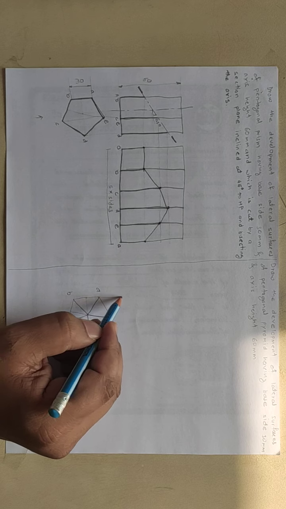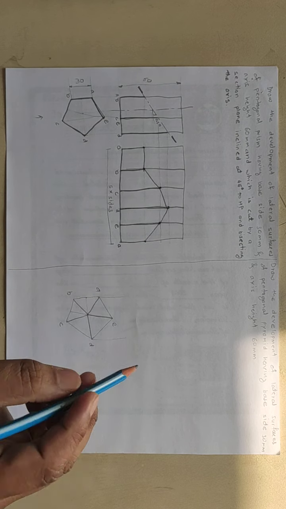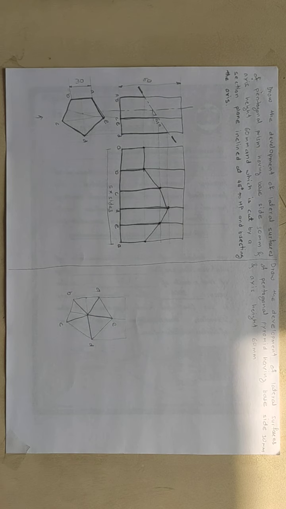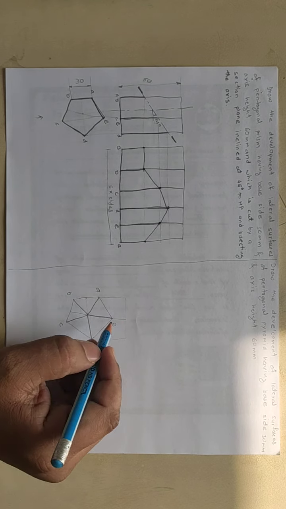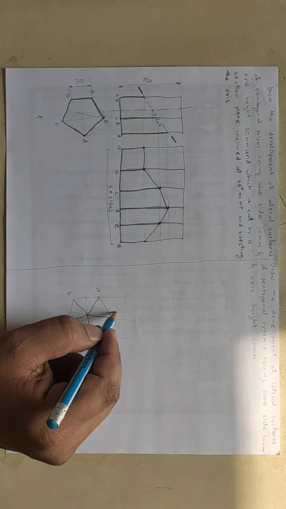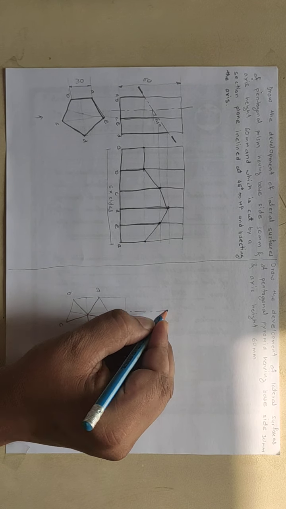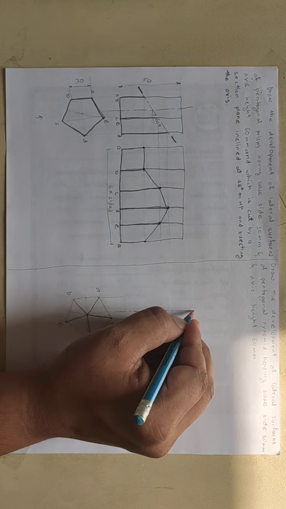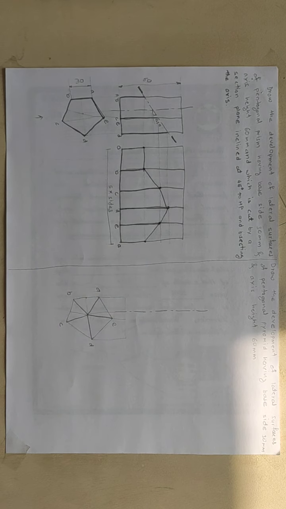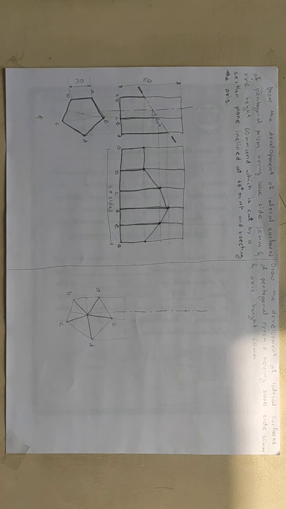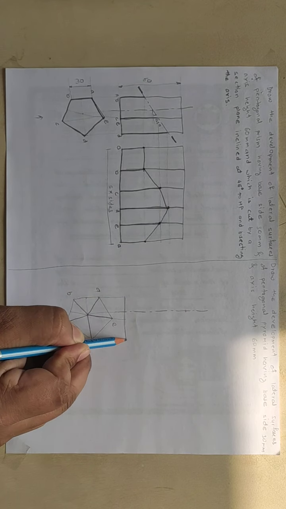Then we project all these points, and the axis height is given as 60 mm, so the axis will be marked like this. On the same axis, this 60 mm distance will be marked, and this is the base.